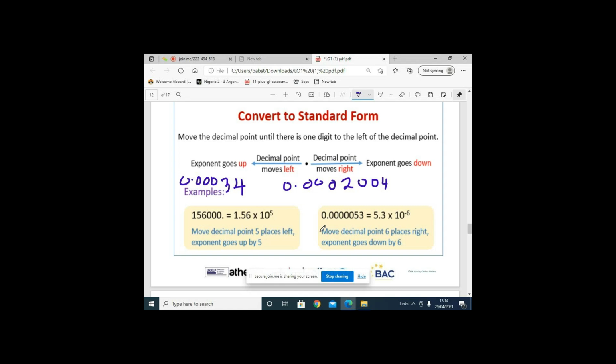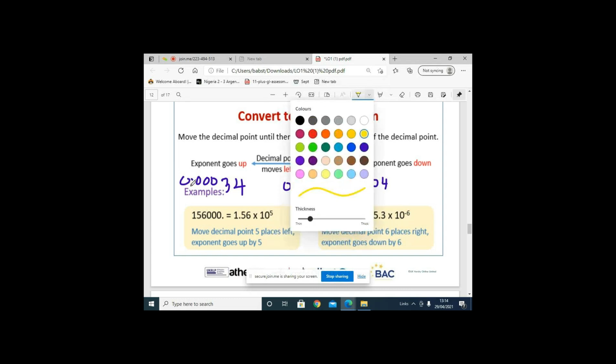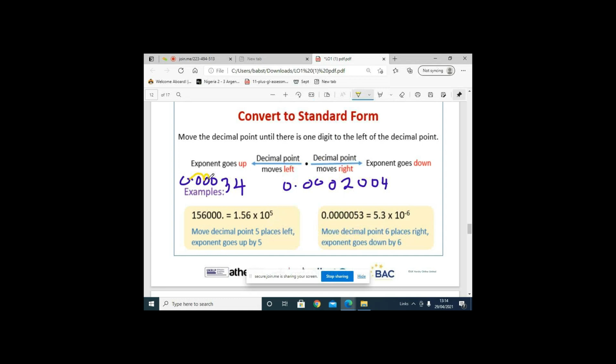The first one is 3.4 and -3. 1, 2, 3, 4. So we count the 4 decimal places.